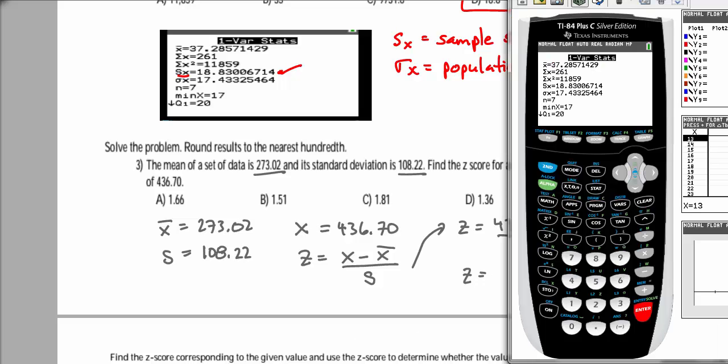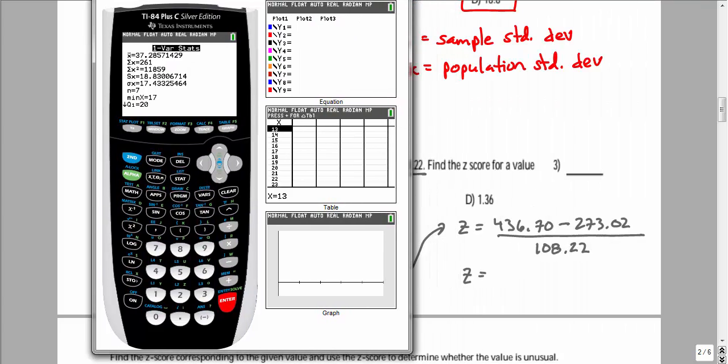So let's go ahead and pop our calculator in. Now here we have to be careful about how we enter this. I need to go back to my main screen, so I'm going to go second and quit. And I'll put in 436.70 minus 273.02, and then divide that by the 108.22.